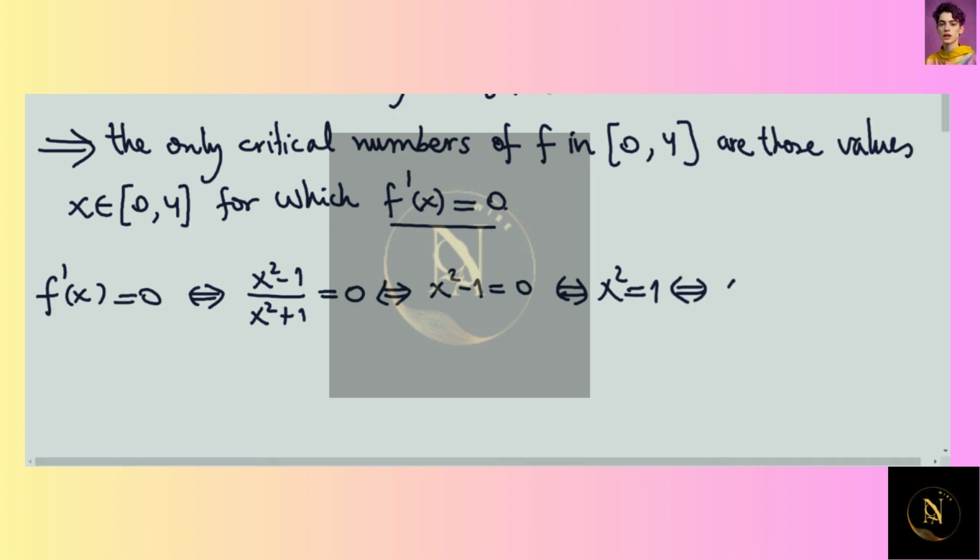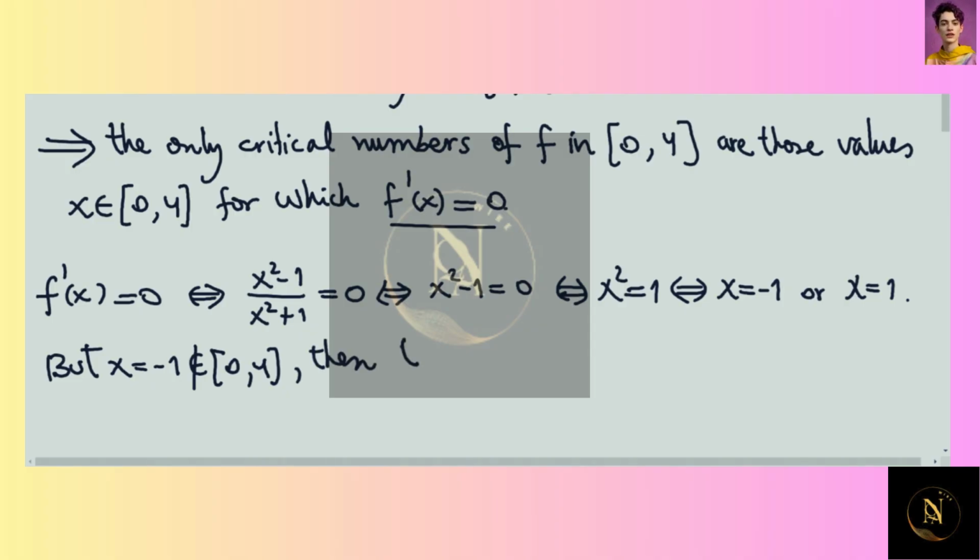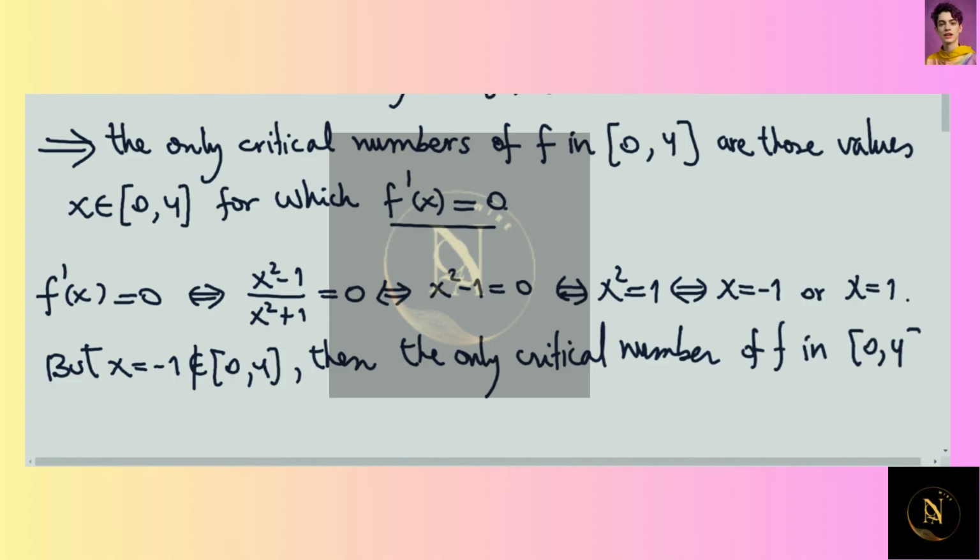And from here we know that x can be negative 1 or x can be 1. But in this case, the value negative 1 is not in the interval 0, 4. Then we can say that the only critical number of the function f in the interval 0, 4 is x equal 1.